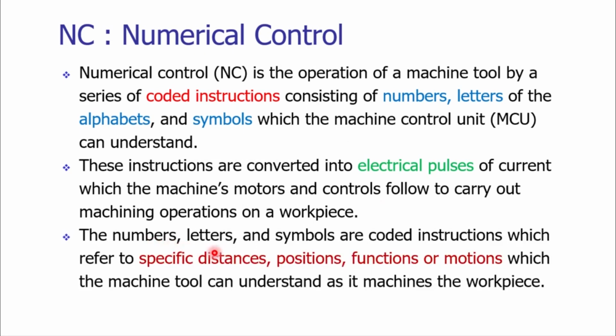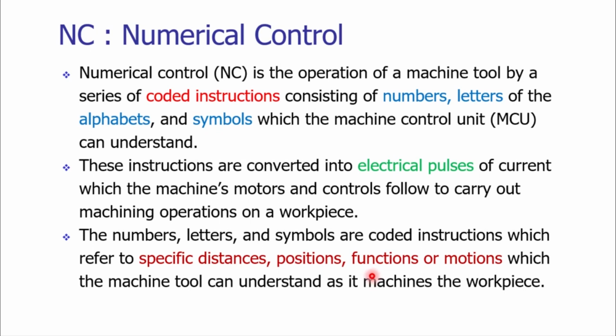These numbers, letters and symbols in the coded instruction format refer to specific distances to be followed by the axis and drives, and positions of many elements such as the tool and workpiece inside the work volume.